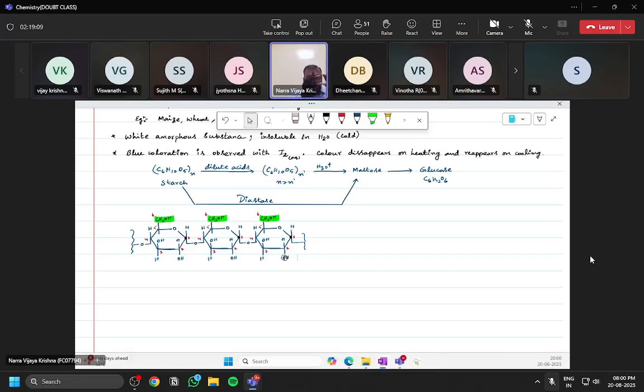In this way, if you have only linear linkages, then it is called amylose. If this chain links with another chain at C1 and C6 carbon, then it is called amylopectin. So starch is a combination, a mixture, of amylose and amylopectin.